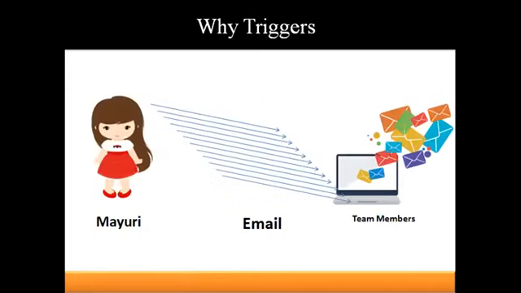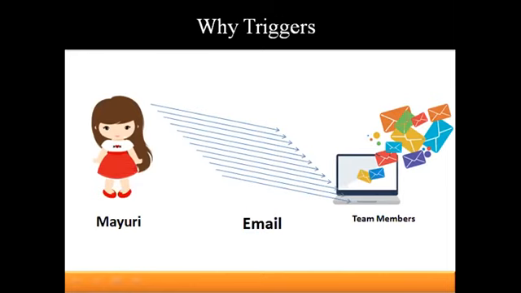So why triggers? In this video, you can understand why we have to use triggers. Later I'll shift to the definition. Suppose, for example, Mayuri is the name of a person. She is working as a team leader in one company and she wants to send a welcome email to each and every team member who joined in the company database.